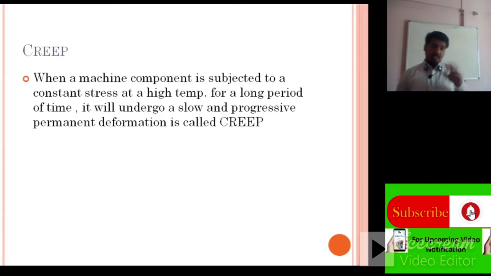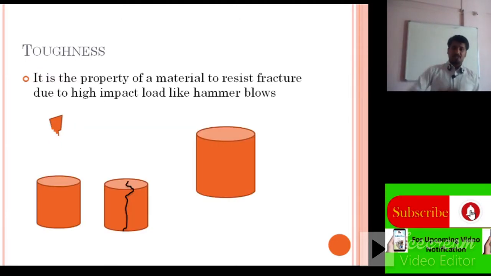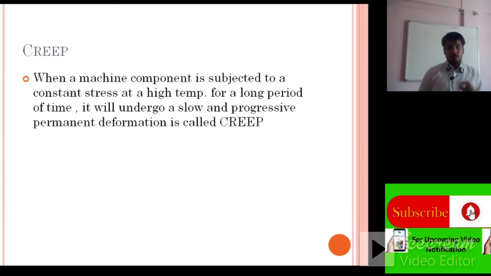In toughness, we apply an external load or impact load or hammer blow, but in creep the loading is constant, at high temperature, and for a long time. These three conditions we have to take into consideration while defining the concept of creep.